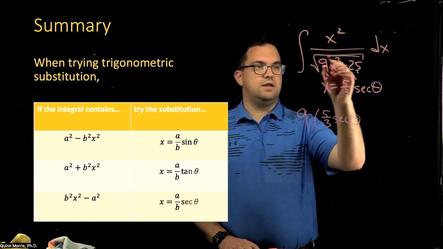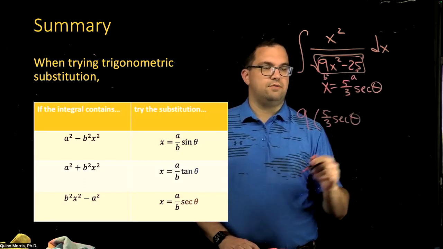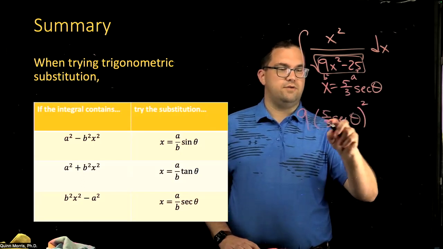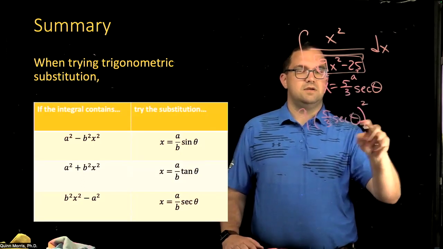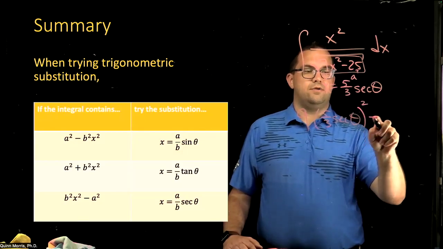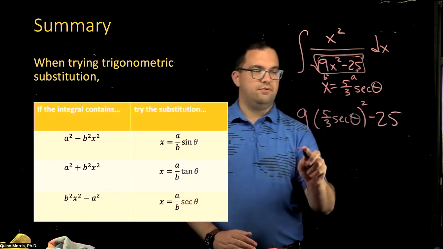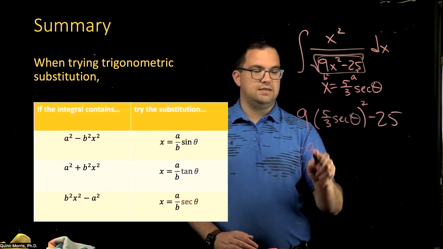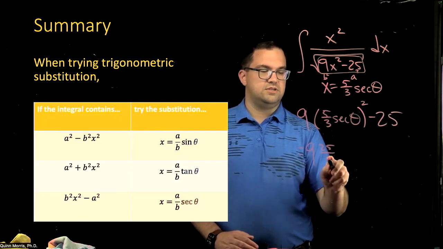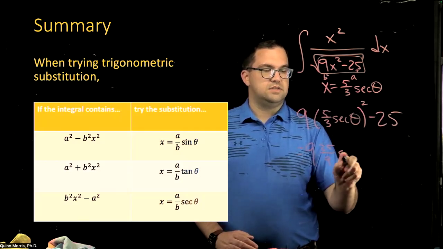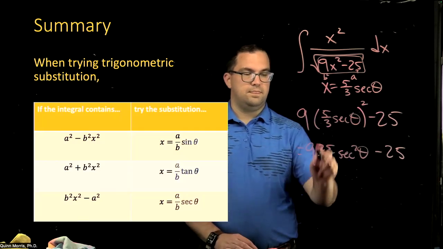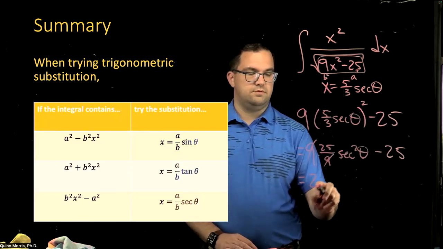I'm not going to work out the whole thing, but if you plug that in, just looking at this part down here, if I plug in 5/3 secant theta for x, I'll get 9 times 5/3 secant theta squared, minus 25. Squaring this will give me 5 squared is 25 over 3 squared is 9, secant squared. The 9s will cancel.